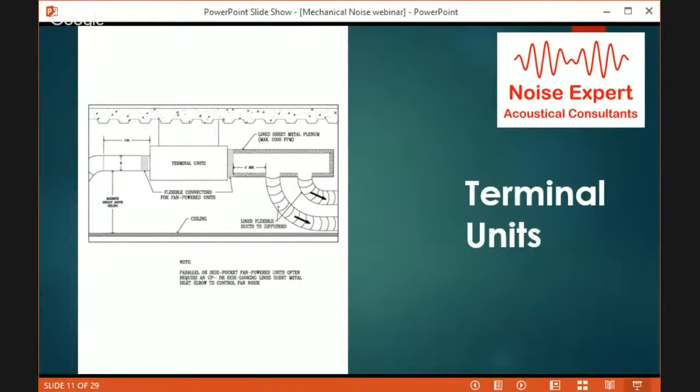If it's a non-fan powered unit, just distributing the flow, again, not over an area where RC35 is required. If it is fan powered, you don't want it above an area where an NC40 or lower is needed. So it could be appropriate for an open office.